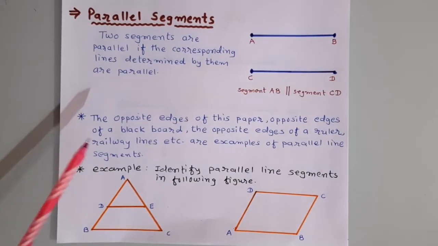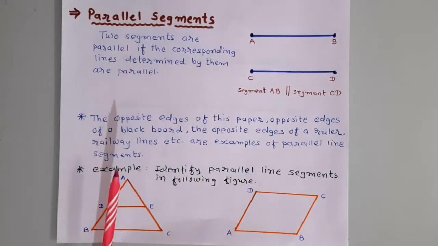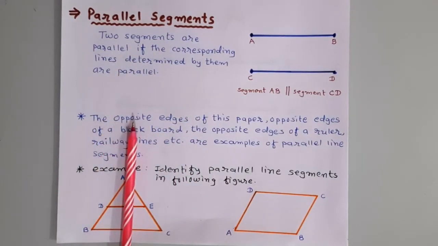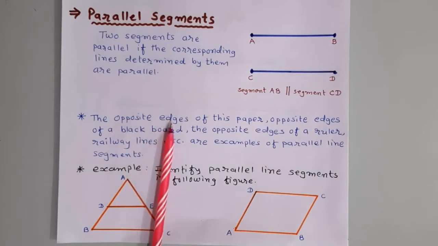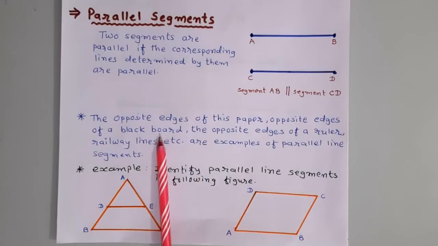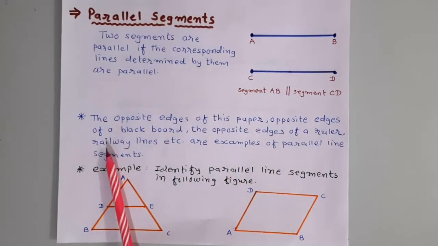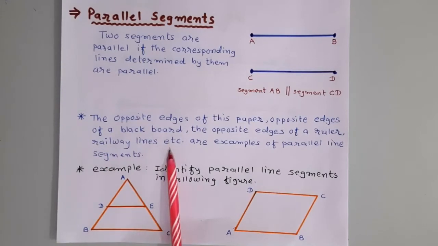There are many examples of parallel lines around us. For example, the opposite edges of this paper, the opposite edges of a blackboard, the opposite edges of a ruler, and railway lines are examples of parallel line segments.